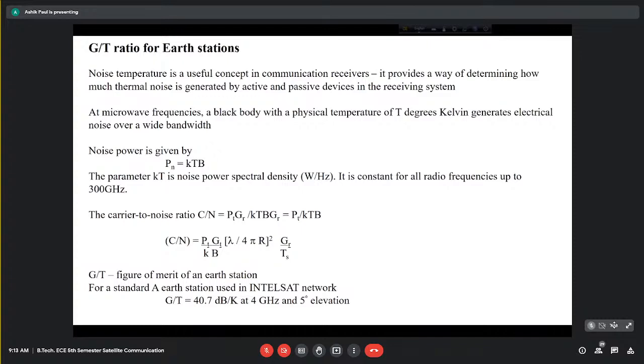before going into the mathematical part of that, if you kindly recall the different block diagrams of a super heterodyne receiver. I think you are already very much familiar with a super heterodyne receiver, right? Yes, sir. Okay. So if you just recall the different blocks, starting from the antenna, we have first an RF amplifier, then a mixer with a local oscillator, followed by an IF amplifier.